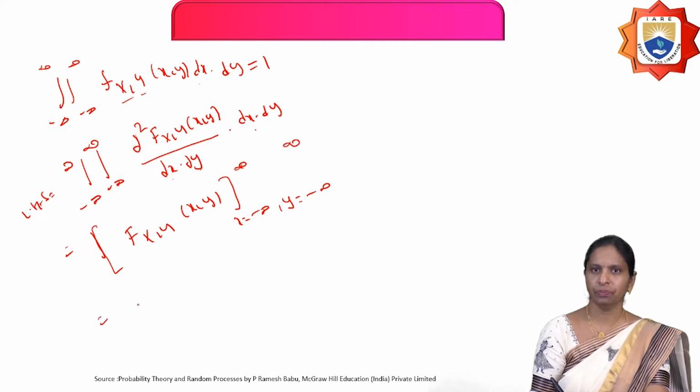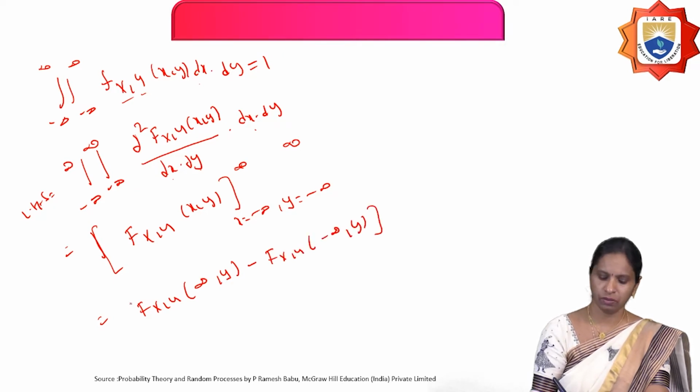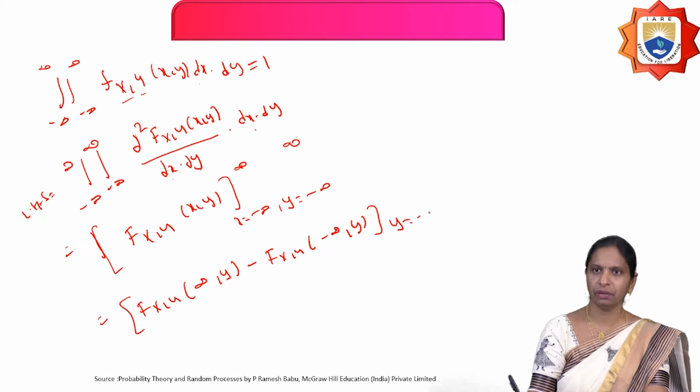So that equals fxy of, what is the upper limit here? x is infinity. So first we substitute the x limits. Then what can you obtain here? fxy of infinity comma y minus fxy of minus infinity comma y, and what are the limits of y here? Minus infinity and infinity.